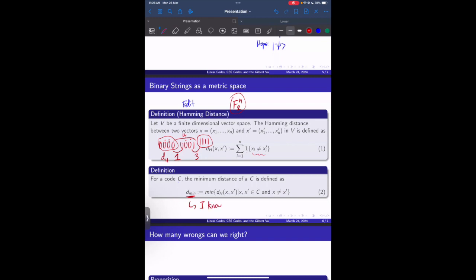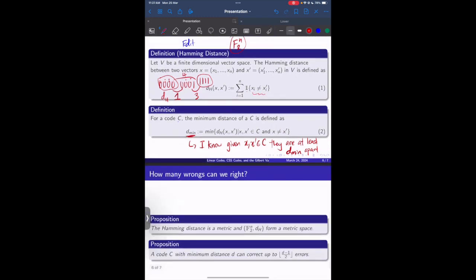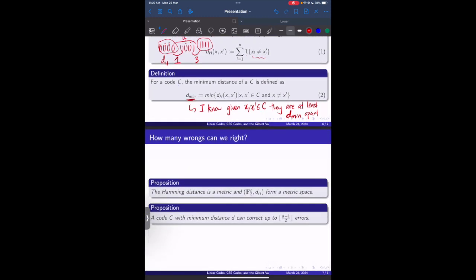It tells you that given any x or x prime in C, they are at least the minimum distance apart, at least d min apart, and this will help us later on when we talk about how we can decode things, right? So now the question is, how many errors can we correct?